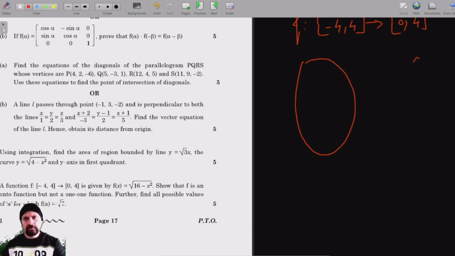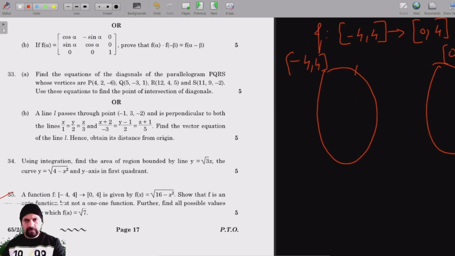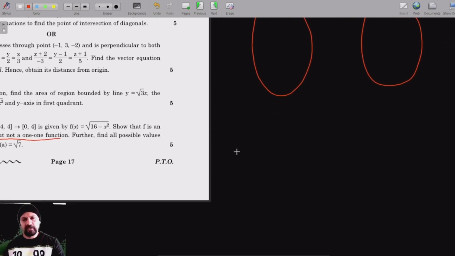That means the domain is minus 4 to 4 and the codomain is 0 to 4. And it's given that the function is under root of 16 minus x square. We have to show that the function is onto function but not a one-one function.